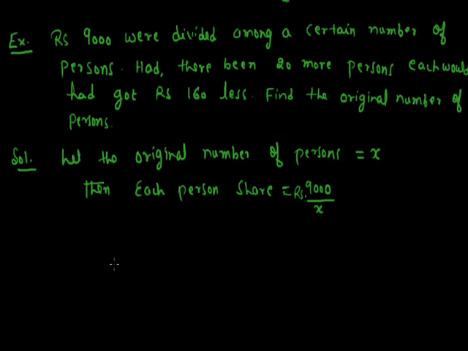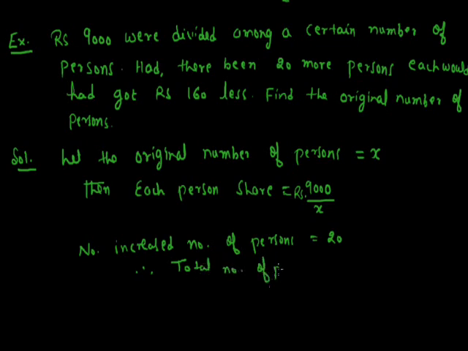Now if there had been 20 more persons, the increased number of persons is equal to 20. Therefore the total number of persons now is equal to x plus 20.